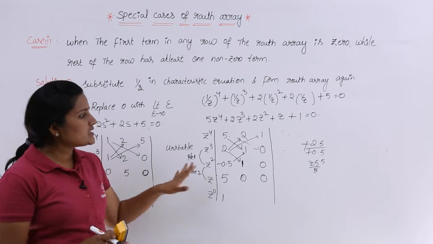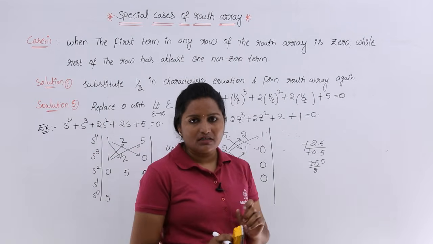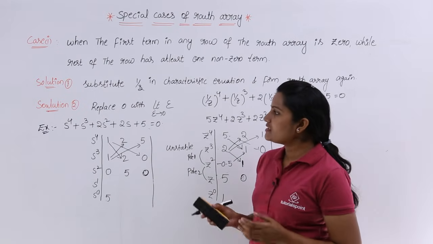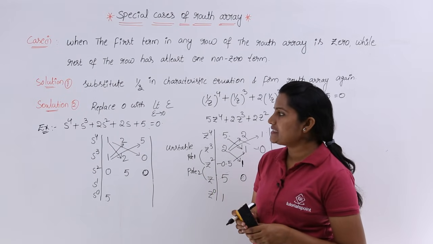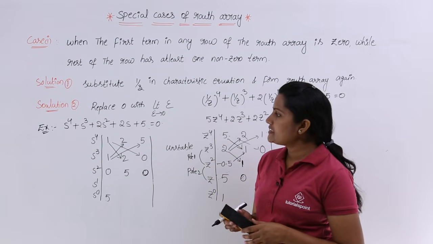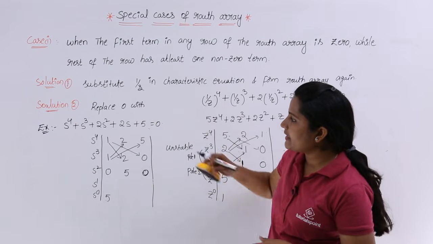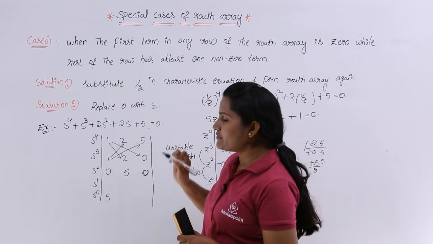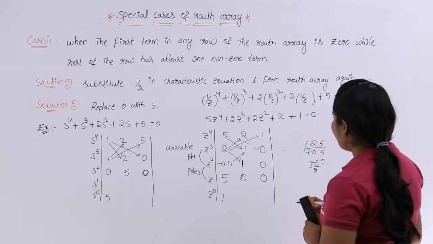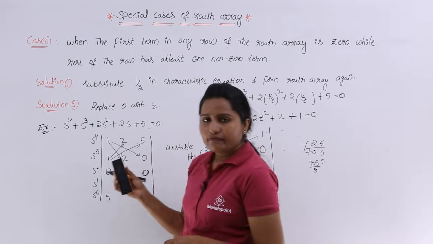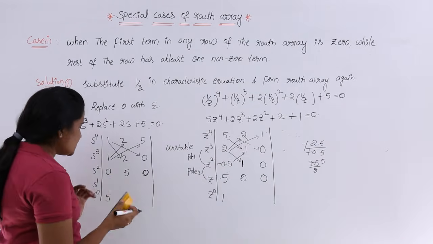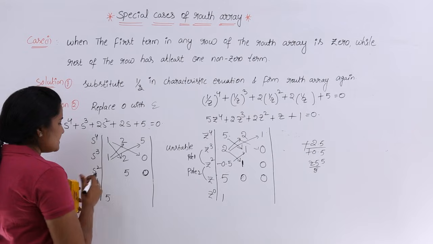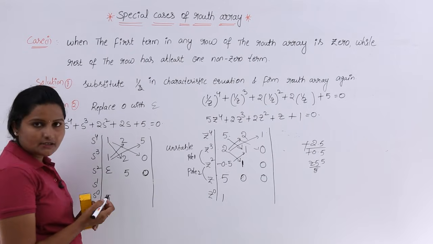So now this is one solution for this difficulty, and another solution is just replacing 0 with some sigma. Here we got 0, and I am replacing it with sigma.